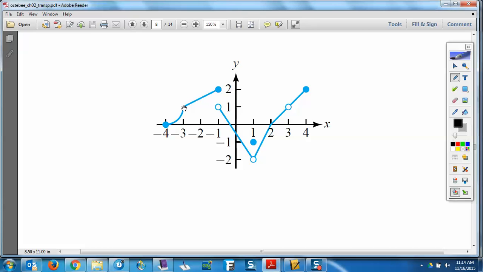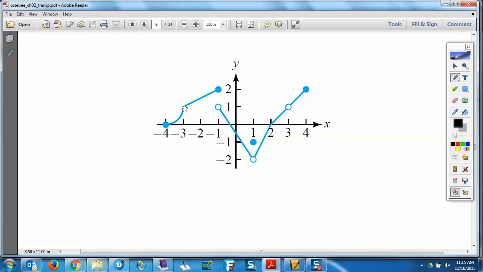A sharp point only matters when you're asking, does the derivative exist? Is this graph continuous at -3? Absolutely. You don't lift your pencil. There are no breaks. Continuous is just what the word says: it goes there, and then it goes there, and continues right along. The derivative doesn't exist there, but it is continuous. So the limit is 1.